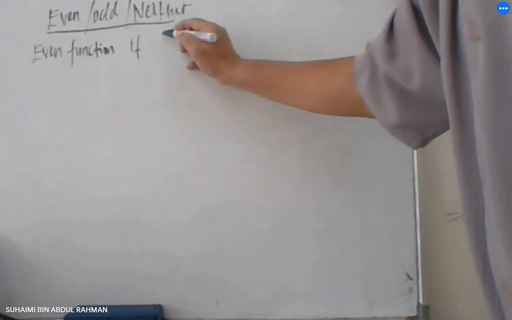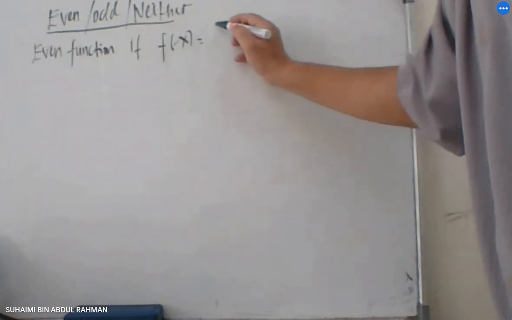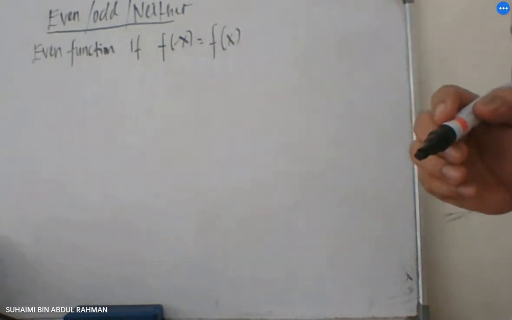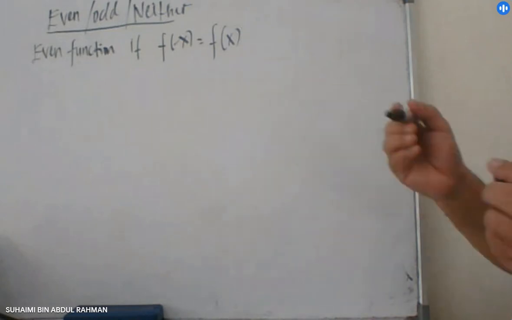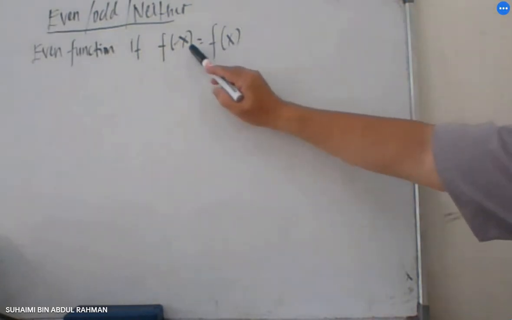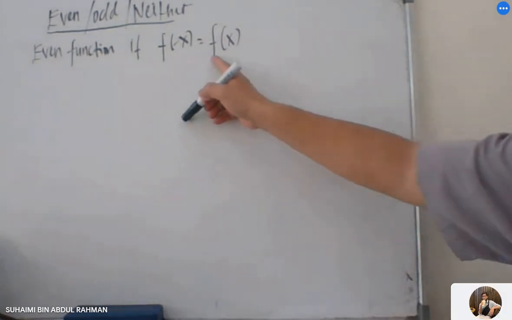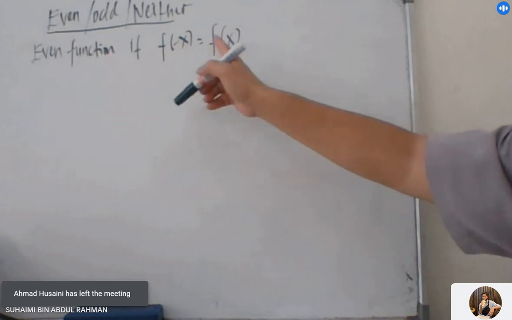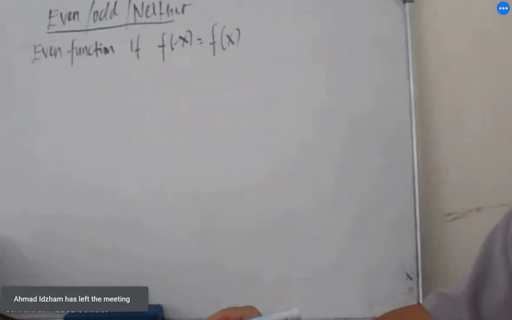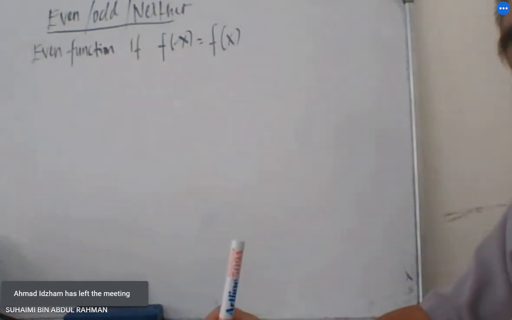if f minus x equal to fx. Which means that when we substitute x with minus x, we have the same value. Either we put minus or we put plus, it will be same. And therefore, we can say that the function is an even function.